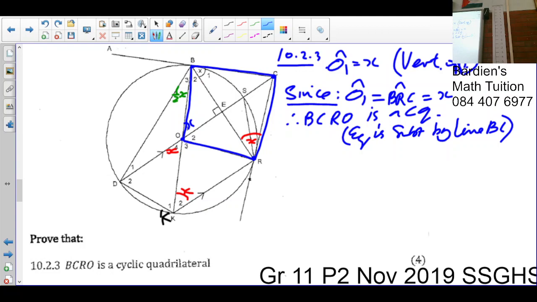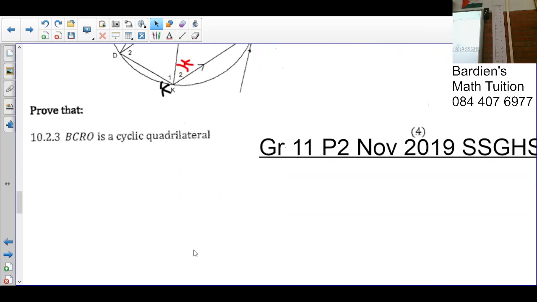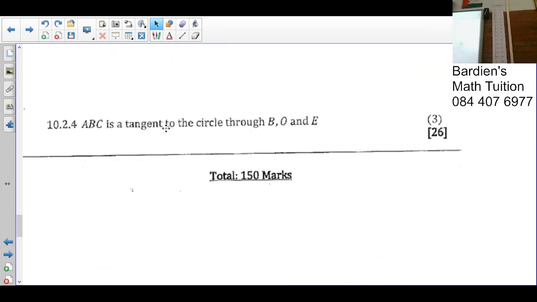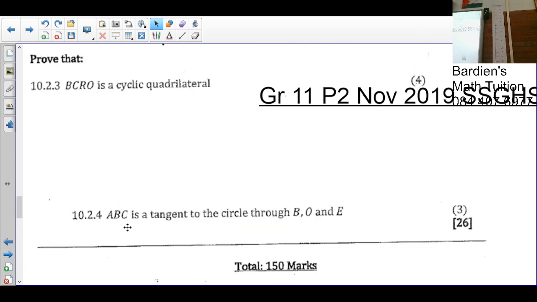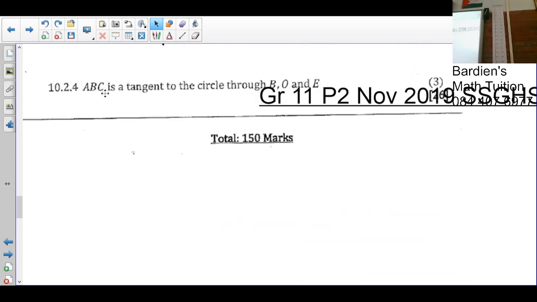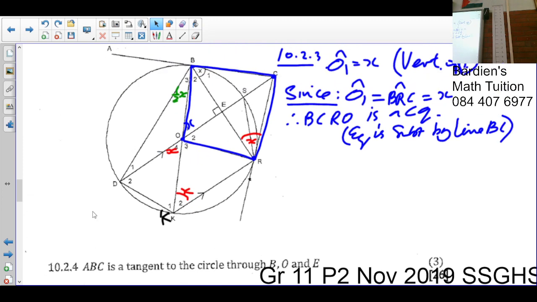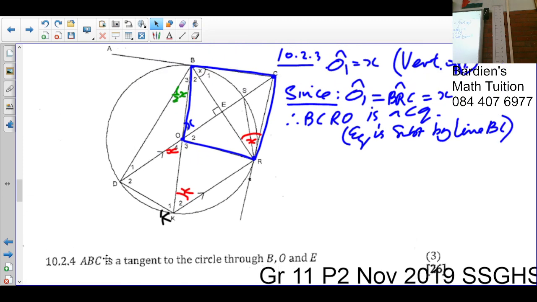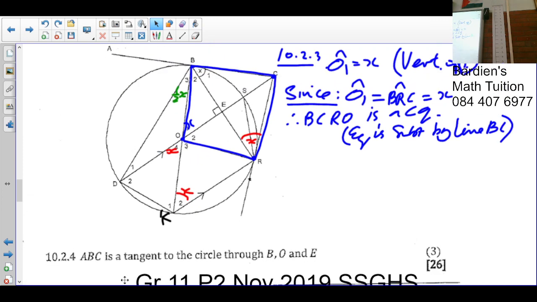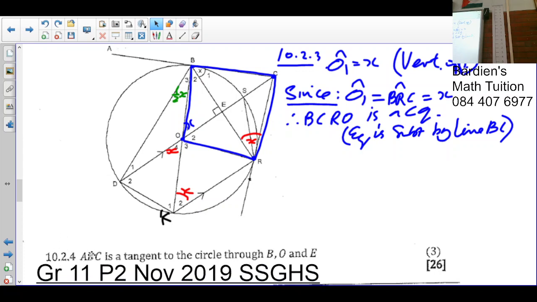Then the next question, the last question for 3 marks, asks us to prove that ABC is a tangent to the circle through BOE.